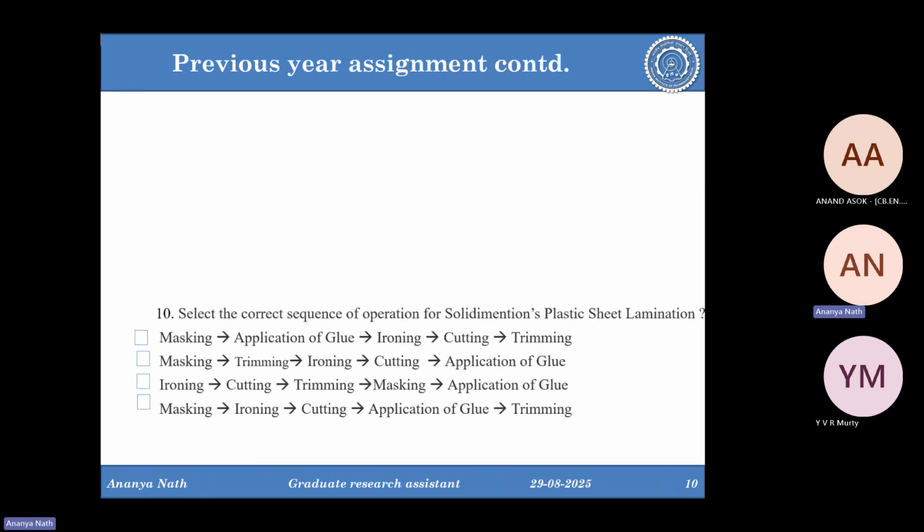So bonding was selective, but we were using bond and form only. That's correct, option 1. Masking, application of glue, ironing, then cutting and trimming.